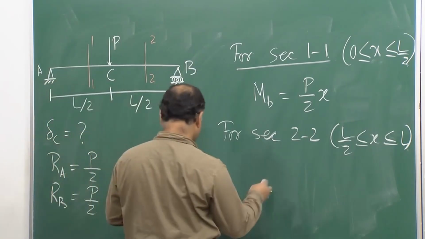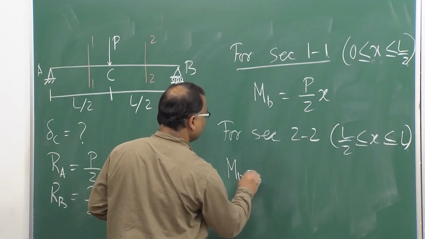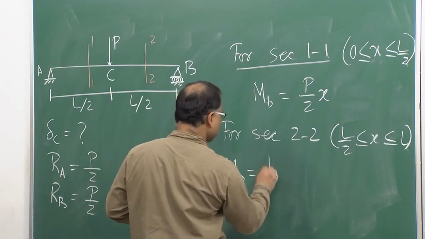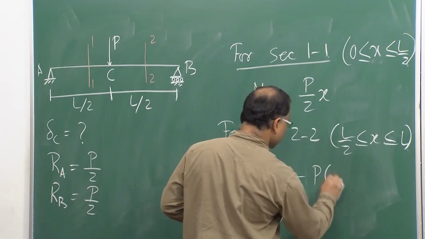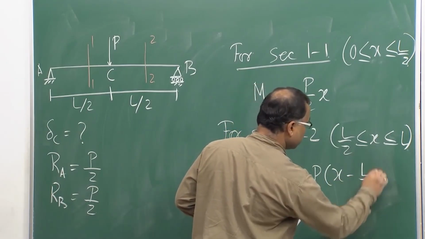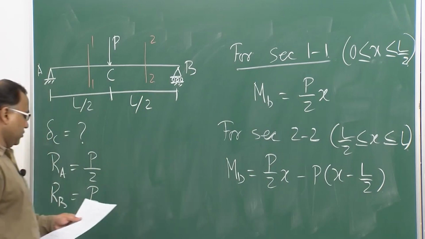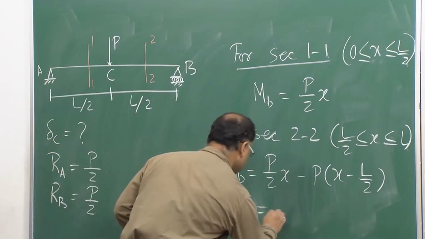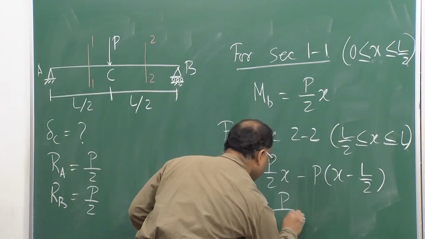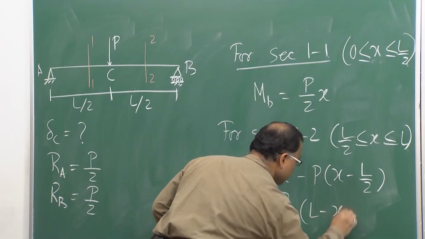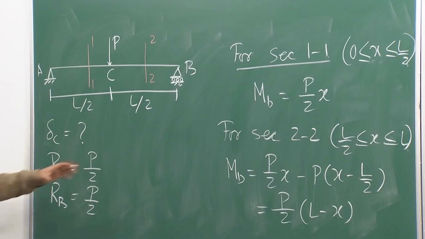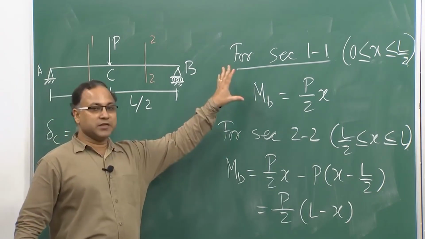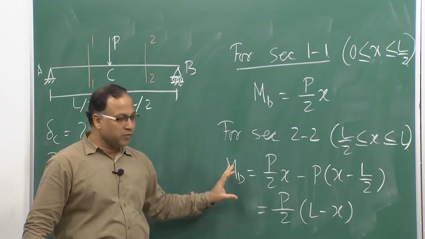So, therefore, I can write M B is equal to P by 2 into x minus P into x minus L by 2. If I simplify this, this will be simply P by 2 into L minus x.